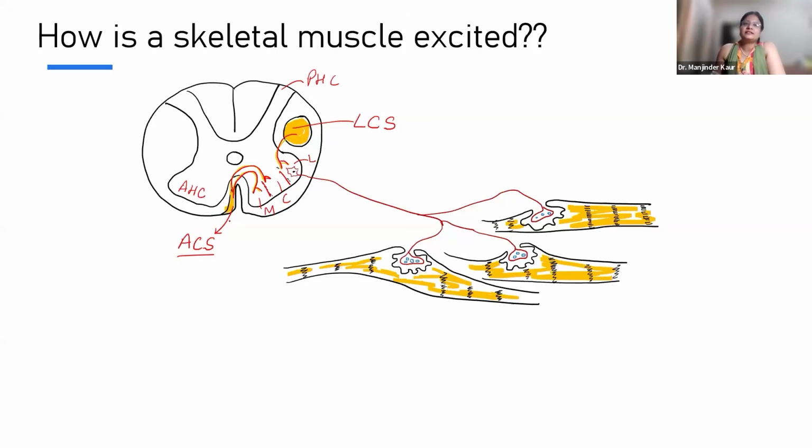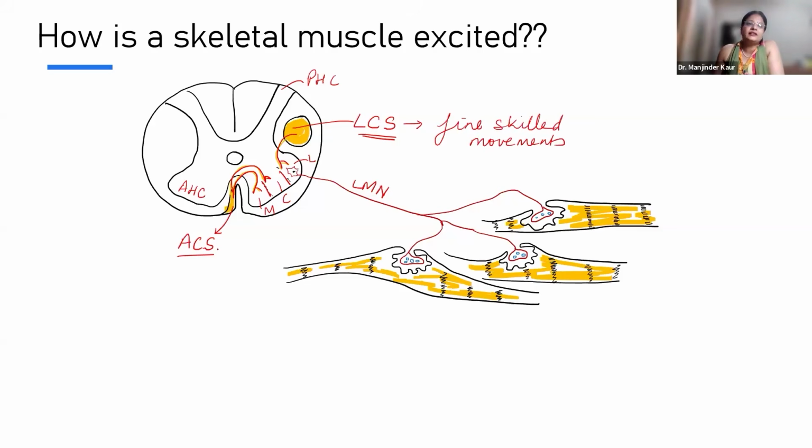Now, what is the significance of this? The lateral corticospinal tract innervates the lower motor neurons which innervate the limbs. Hence, the lateral corticospinal tract is concerned with the fine scale movements performed by the hands.